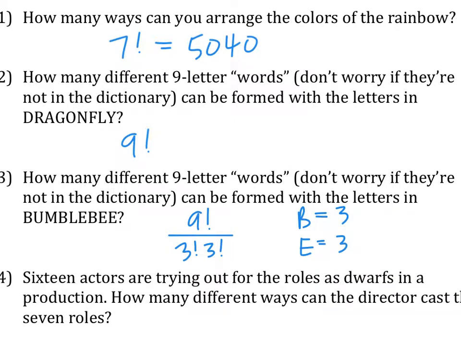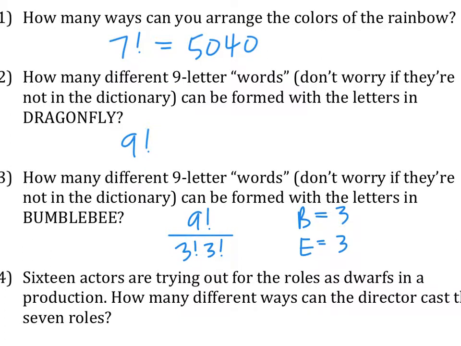Whichever one is repeating, you take how many of them are the same, and you put a factorial on it. Because there are 3 B's, but they look exactly the same. However, they could rearrange. We just cannot tell if this B and that B switched. We cannot tell.